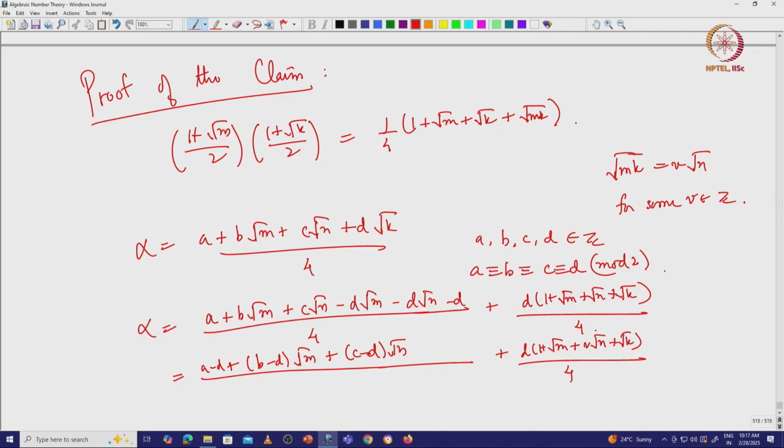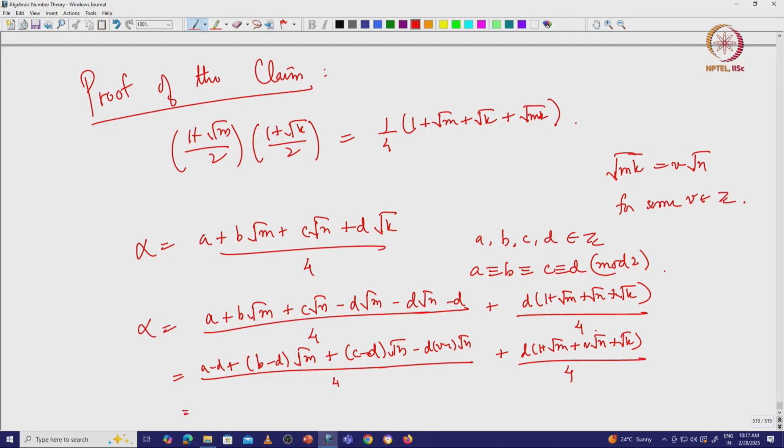So, what have I done? I have added v minus 1 times d as an extra thing here. So, I am going to subtract that thing from this. So, d into v minus 1 times square root of n by 4.